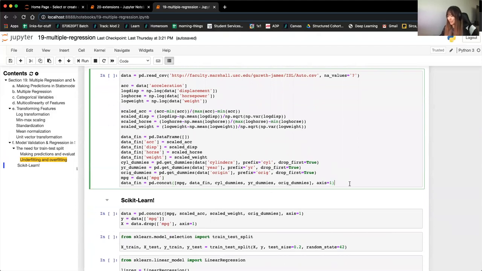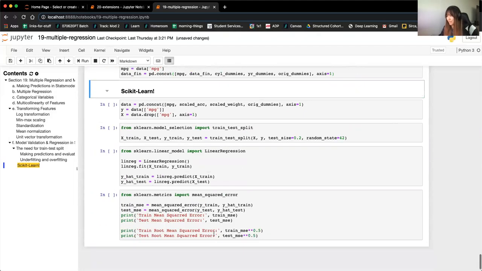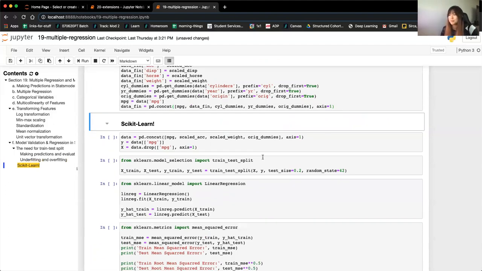All right, we're gonna run this regression again, and we're gonna do a train test split. To introduce scikit-learn, scikit-learn works kind of similarly, but in some ways very different from statsmodels. Statsmodels gives you that very nice output. In scikit-learn, it's easier to work with train test split.